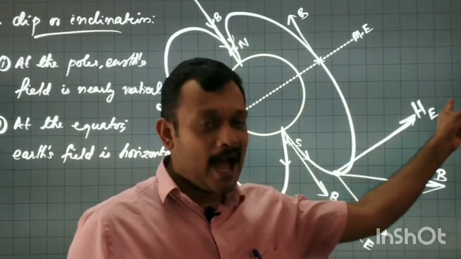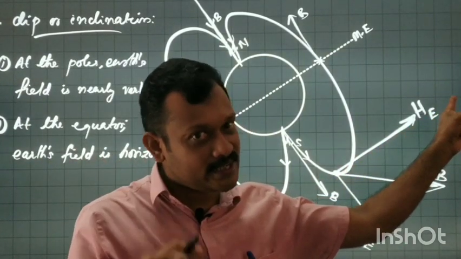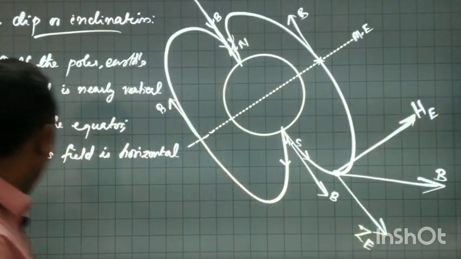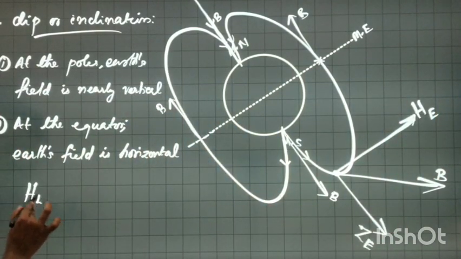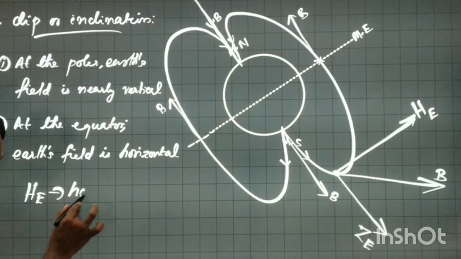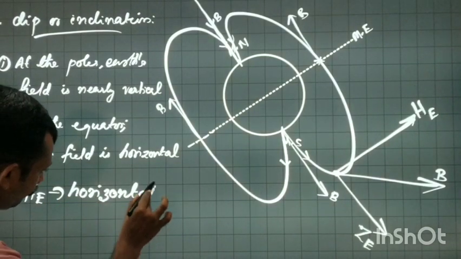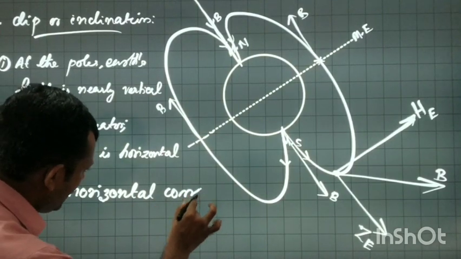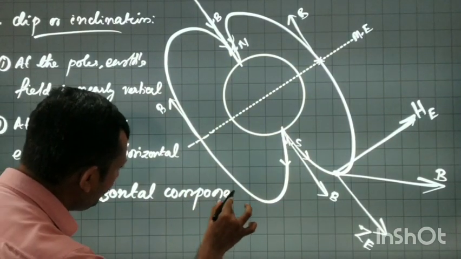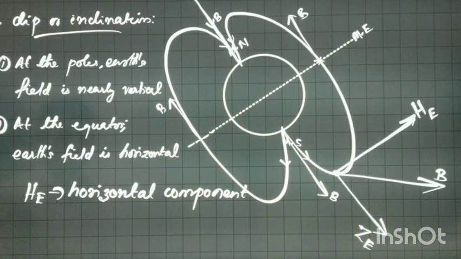This component is parallel to the surface of Earth, so I will tell you, HE is the horizontal component of Earth's field.